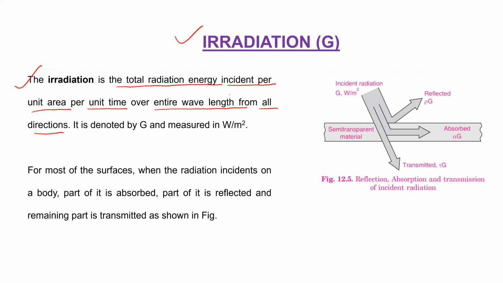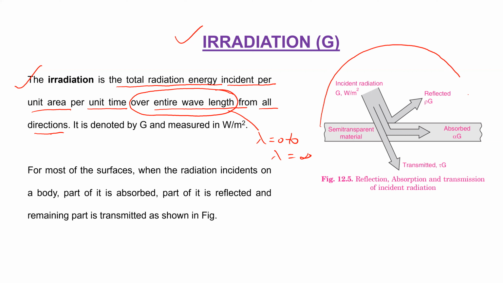So we are talking about the energy falling over the surface over the entire wavelength range, from lambda equal to 0 to infinity, from all the directions, meaning this is coming from the hemisphere.